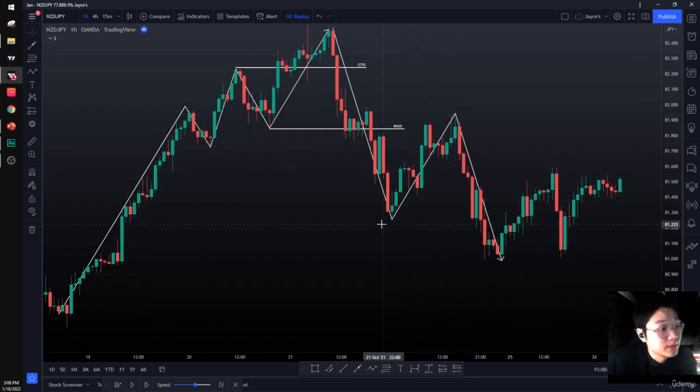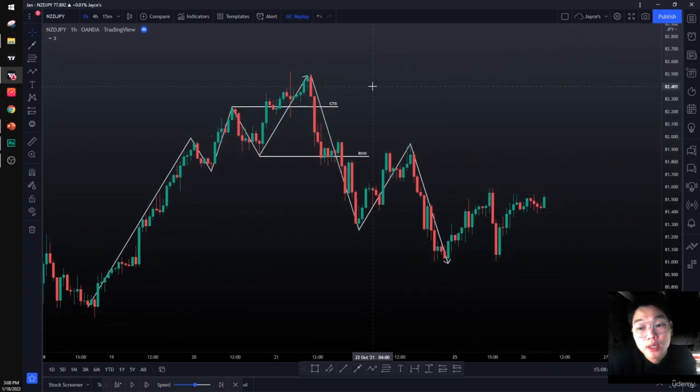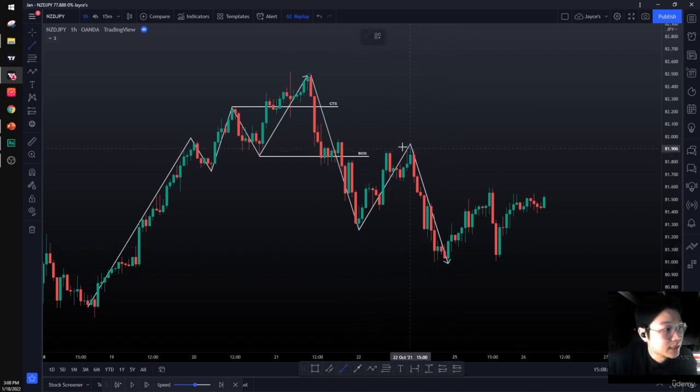After this pullback, we can see the price break out this CTS with big maroon candles, and some small candles grow out of this low. Therefore, we can analyze that the structure of the breakout wave will be lower low, lower high like this. That is enough. Here is our BOS, but in the breakout wave, the BOS has no meaning.